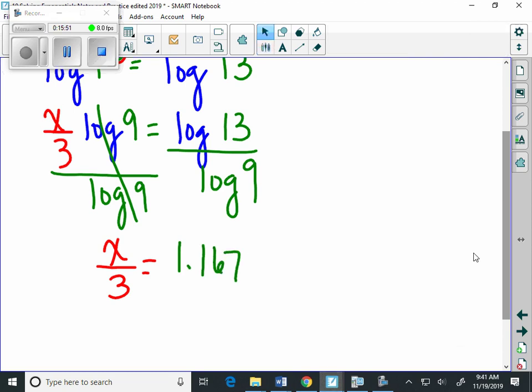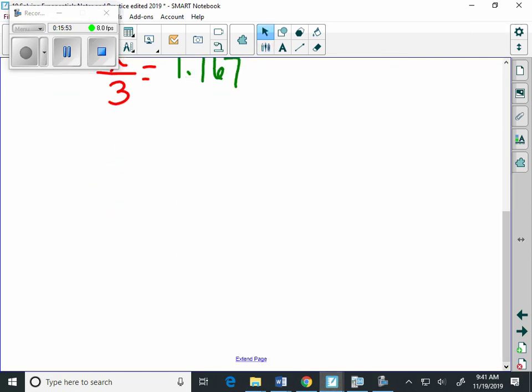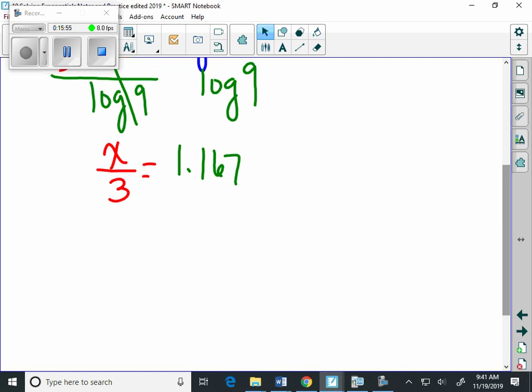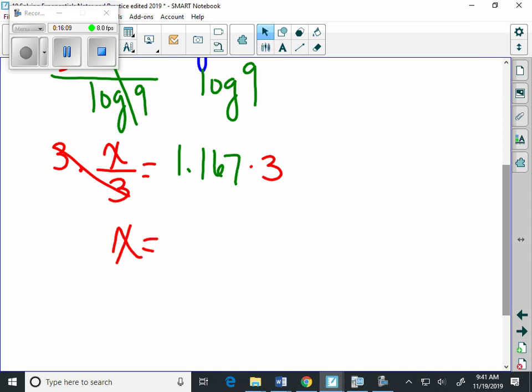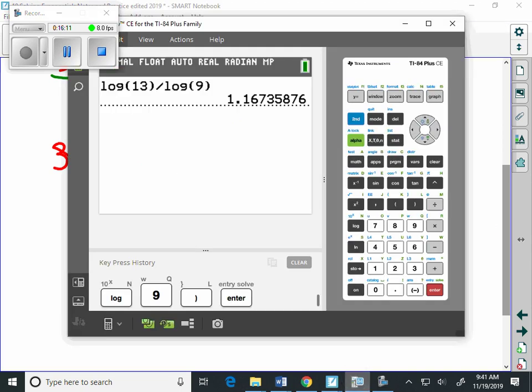And now we can finish solving for x. It's x divided by 3, so what we want to do is multiply by 3. We'll take that number that's still in our calculator and multiply it by 3.